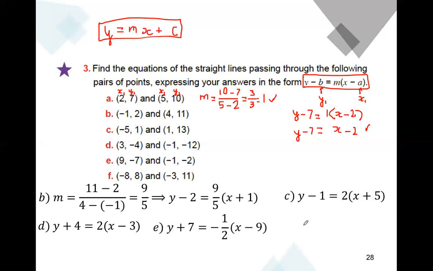Sorry, can I interrupt? See with B, did you, with your final answer, it was y minus 2, 2 being A or B, one of your points. It was a plus 1. It was a negative 1 in the coordinates. Did you just bring that into a plus 1? Yep, because remember, it's x minus a.